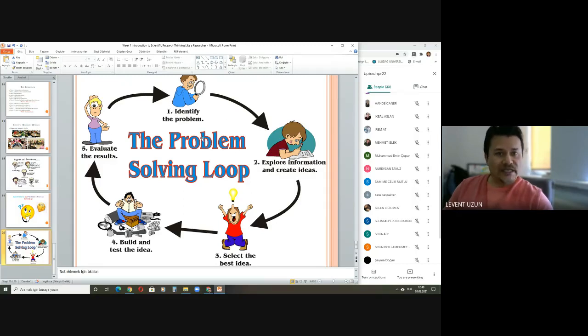So when you identify these problems, when you become aware of the problems in your classes, you find some information, some ideas, some solutions to these problems, and where will you find this? Well, as we said, you can talk to your colleagues in Turkey and abroad. Then you can check some academic articles, read them, and then you will come up with some ideas.